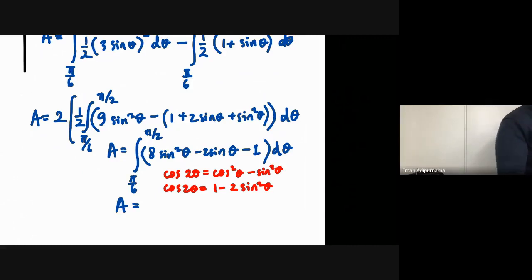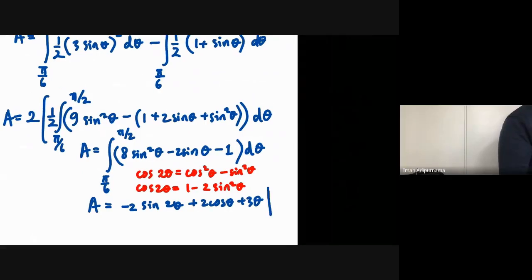And the final calculation will be negative 2 sine 2 theta plus 2 cos theta and then plus 3 theta. Okay, I integrate directly.